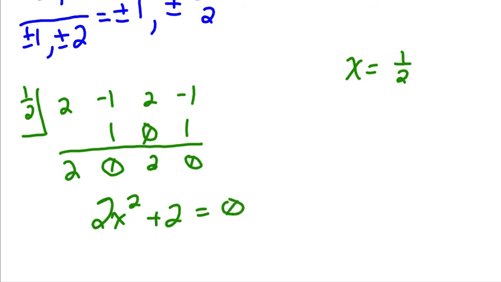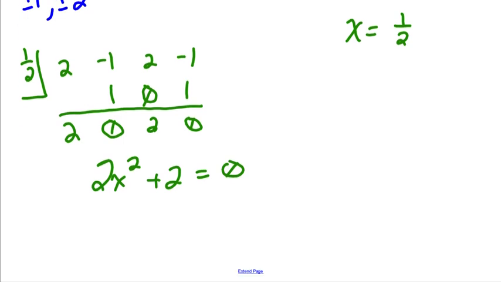And we want to see, does this end up giving us some additional rational roots? So that's what we need to check here for our final part, okay? Because that's going to be 2x squared plus what would be 0x, but we don't have to write that part, plus 2 equals 0.